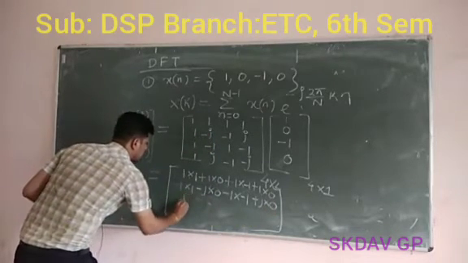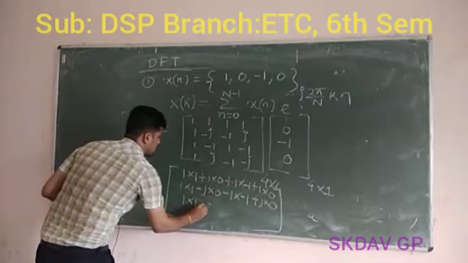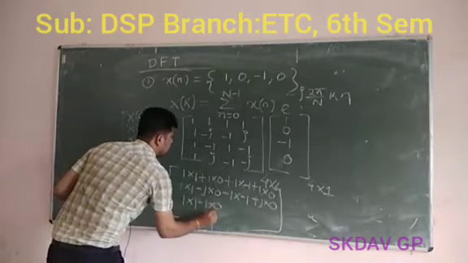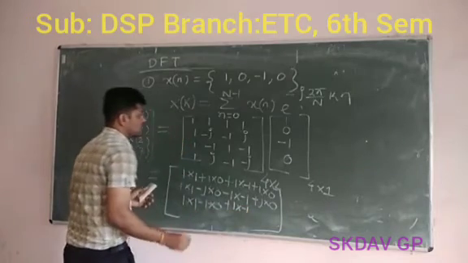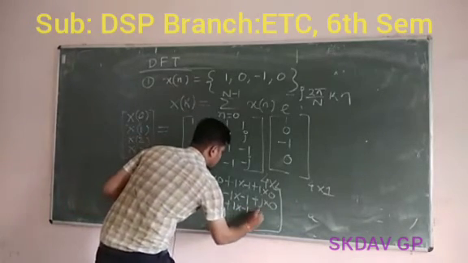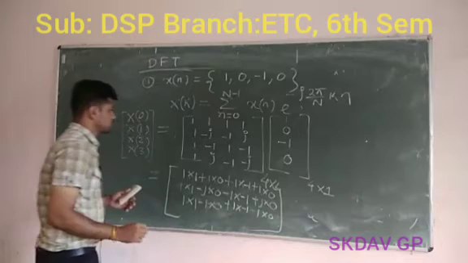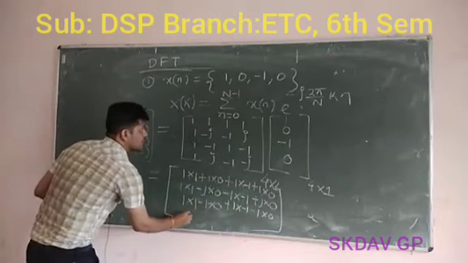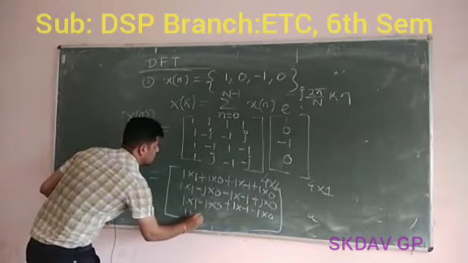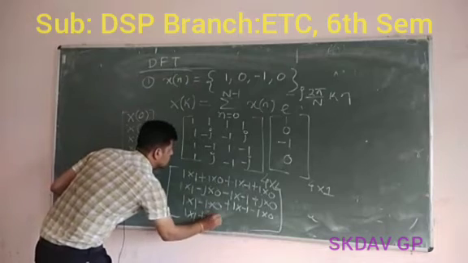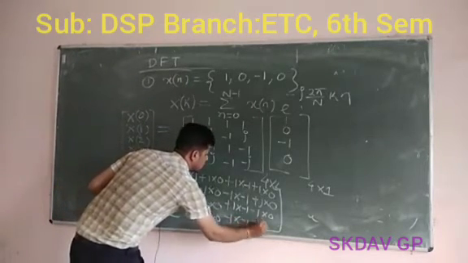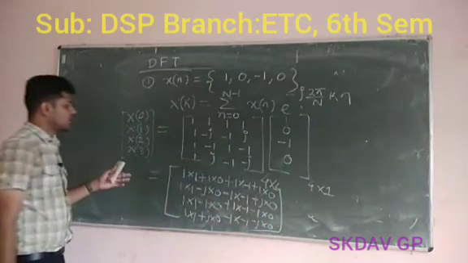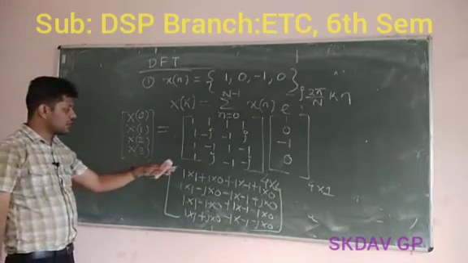Then we have 1 into 1, minus 1 into 0, plus 1 into minus 1, then minus 1 into 0. Similarly 1 into 1, plus j into 0, minus 1 into minus 1, minus j into 0. So finally multiply and then add.